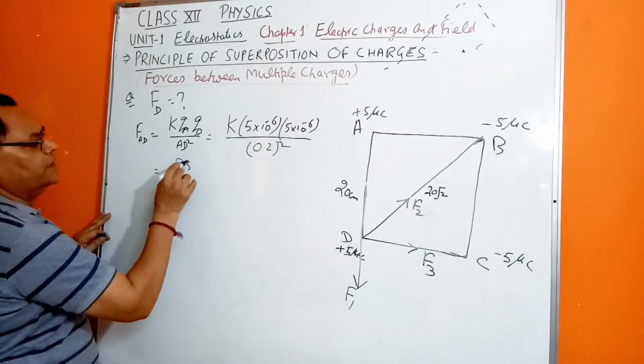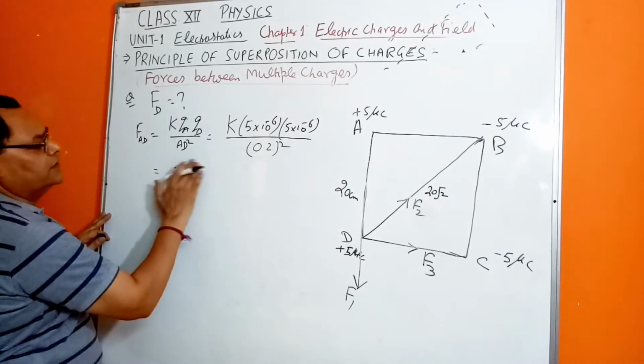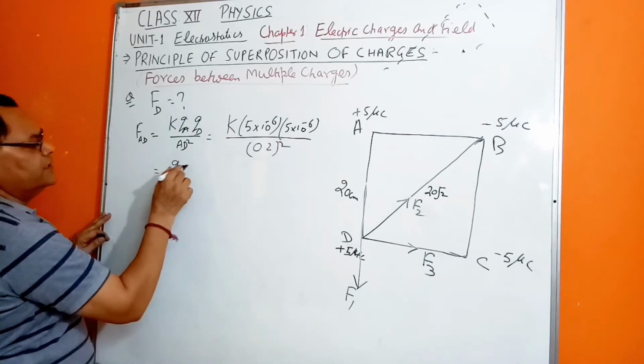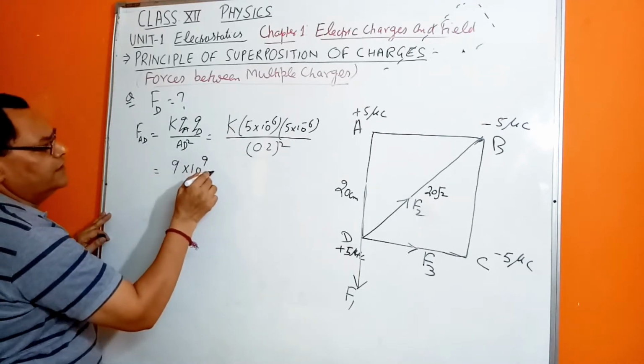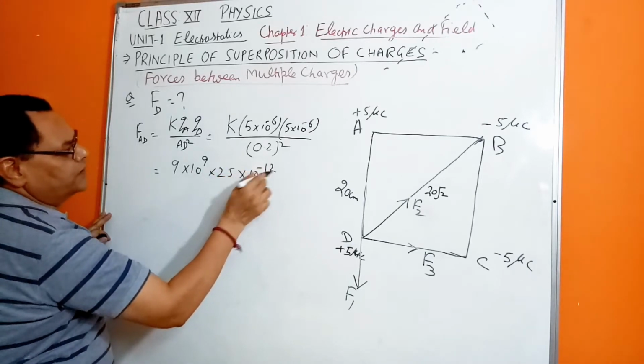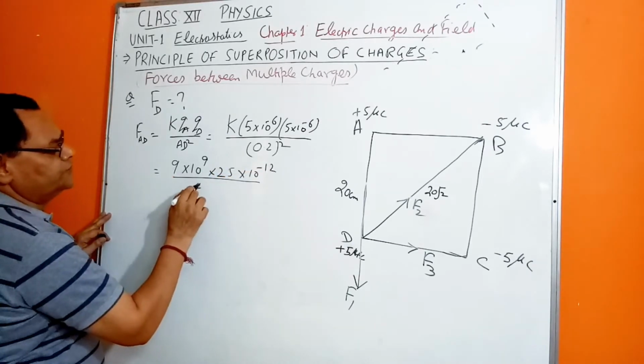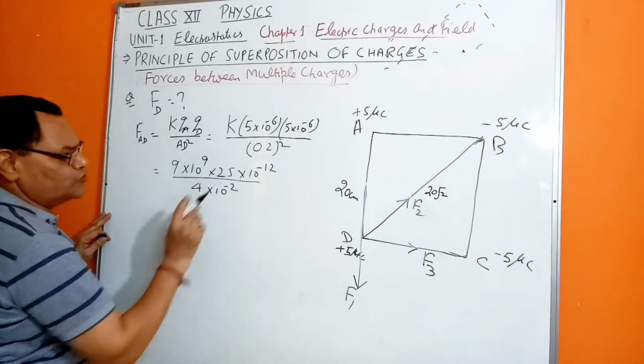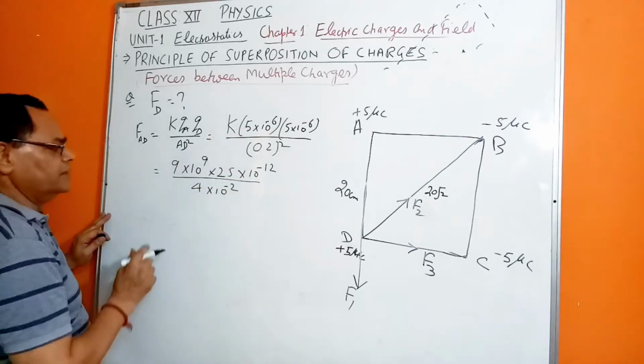Would you like to solve it? 5 5s are 25. Rather you can use the term, K is 9 into 10 to the power 9, 5 5s are 25, and 10 to the power minus 12, and this will become 4 into 10 to the power minus 2 after doing the square.